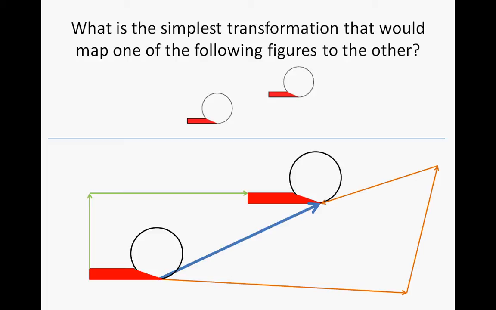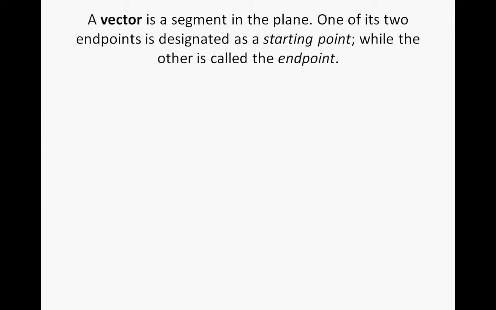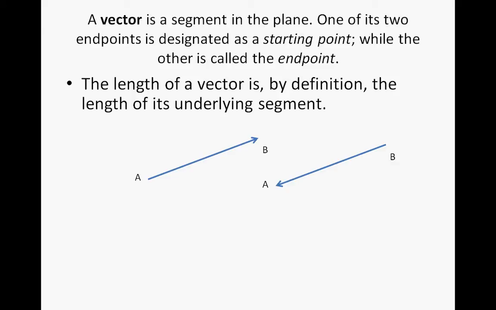So a vector is a segment in the plane. One of its two endpoints is designated as a starting point, while the other is called the endpoint. And this should sound familiar since we used vectors when we defined rational numbers. Visually we distinguish a vector from its underlying segment by adding an arrow above the symbol. Thus the segment AB, with A and B being its endpoints, and the vector with starting point A and endpoint B is denoted vector AB with an arrow over the top of it.